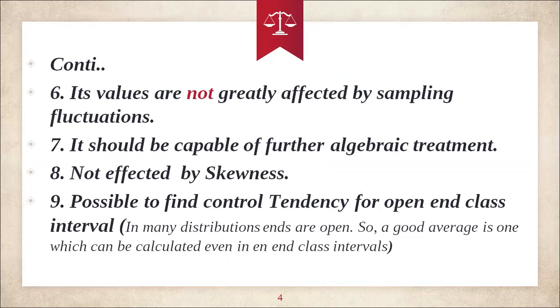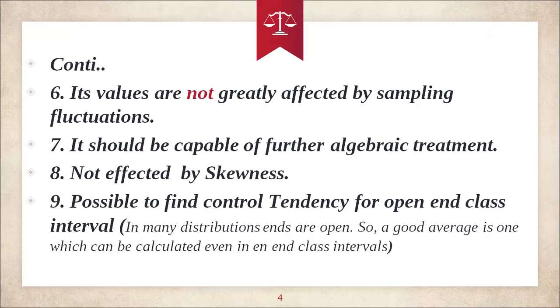And the sixth property of a good average is that its values are not greatly affected by sampling fluctuations. For example, whatever averages we are calculating, when we have that data set, the data set should not be affected by sampling fluctuation.